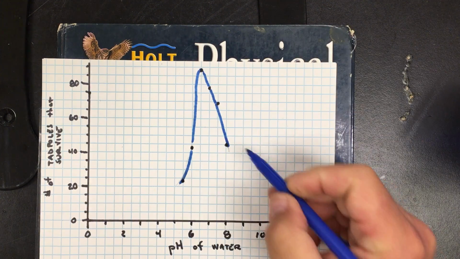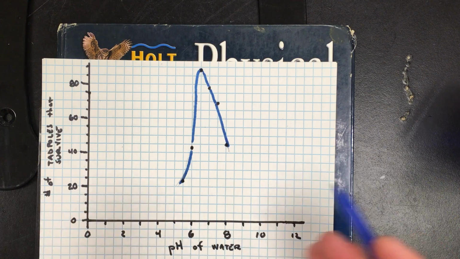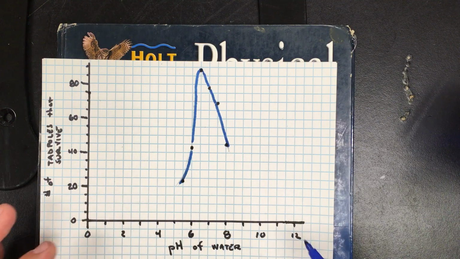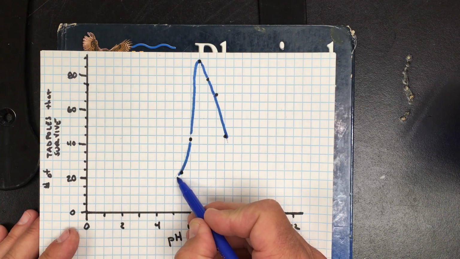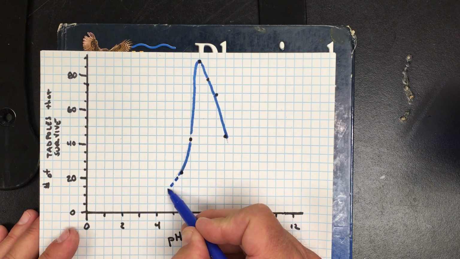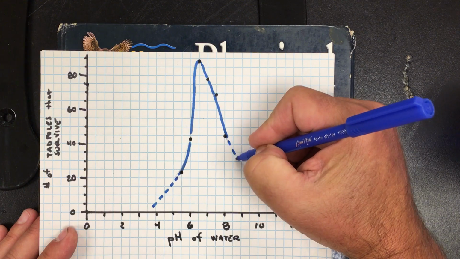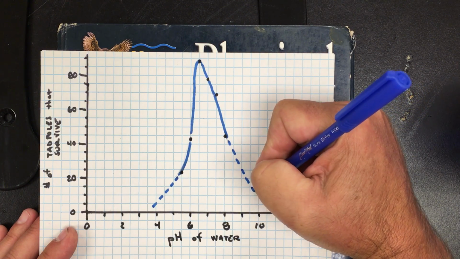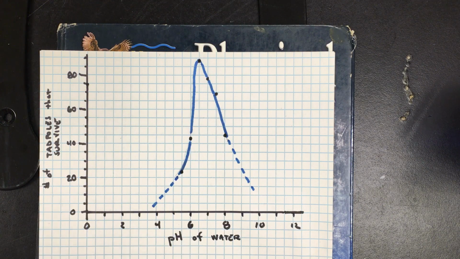Now my data stopped there and it stopped over there, so what I'm going to do is I'm going to just guess what it would look like, what that line would do beyond that range of known data. So I'm going to show this as a dashed line because I'm just guessing. But I don't know for sure where that goes. I can't have as much confidence.